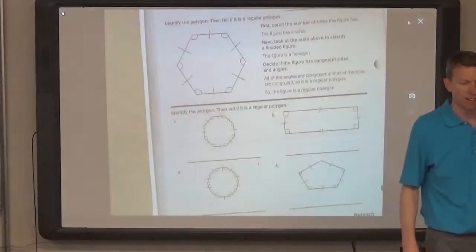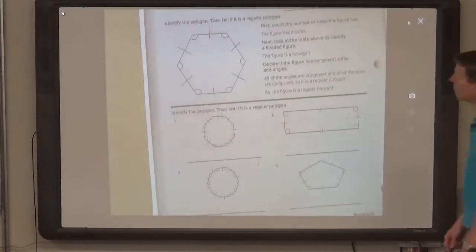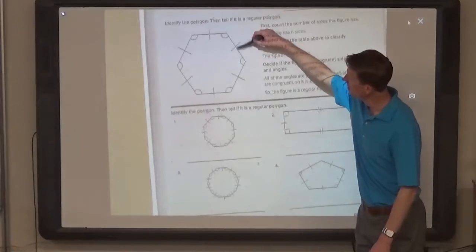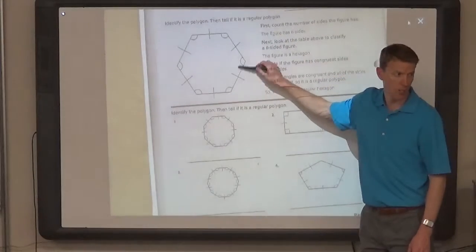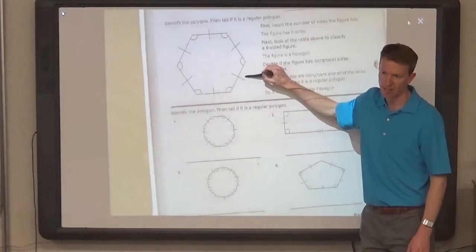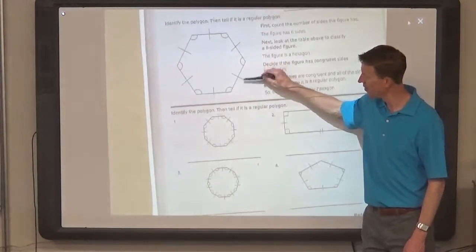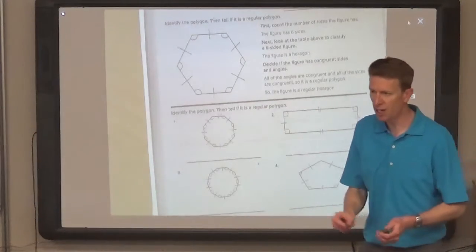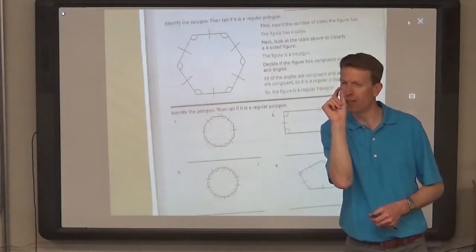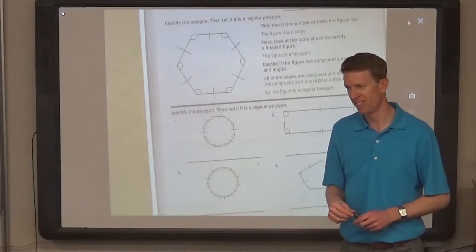That's a hexagon. Are all the sides the same length? It sure appears that they are. Yep. And they will make it pretty obvious if you're naming it. They're not going to try to trick you by making one of them like 1 millimeter off.